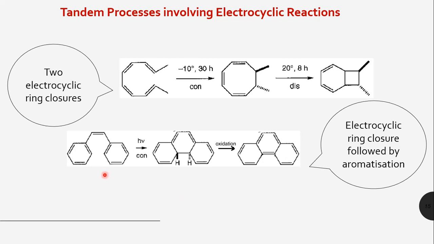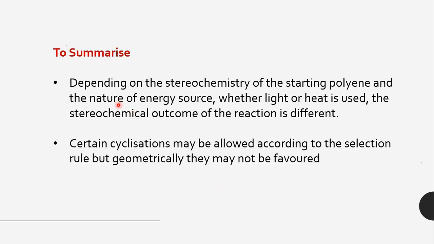Now, in the next module, we'll also be seeing clubbing of electrocyclic and Diels-Alder reaction to end up with some very useful synthetic molecules. So to summarize, depending on the stereochemistry of the starting polyene and the nature of the energy source, whether it is heat or light, the stereochemical outcome of the reaction is different, and it is possible for us to predict what would be the stereochemical outcome.